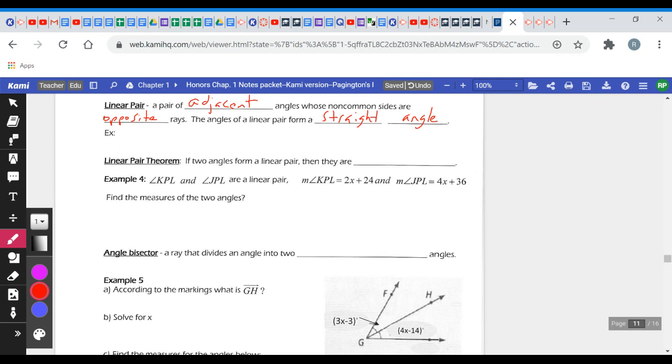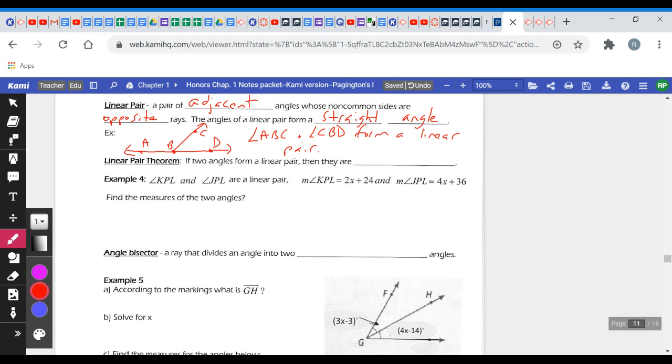I can go ahead and draw a picture of that and label some points here. I'm going to go with A here, B here, C here, and D here. So one thing I could say about this picture is angle ABC and angle CBD form a linear pair. Okay.